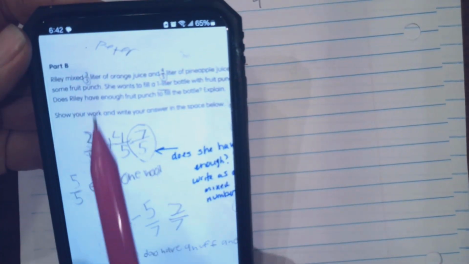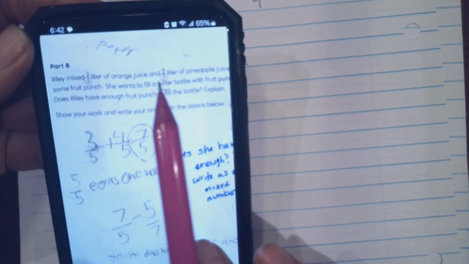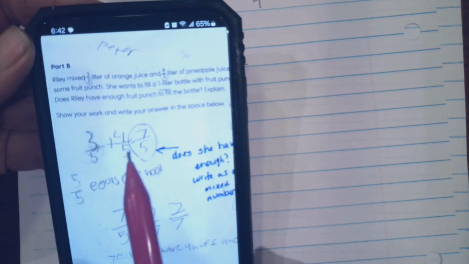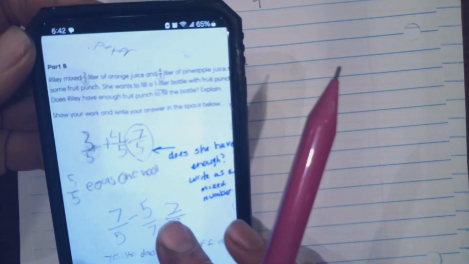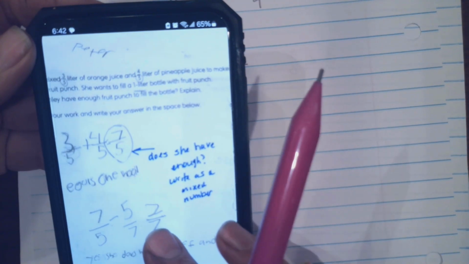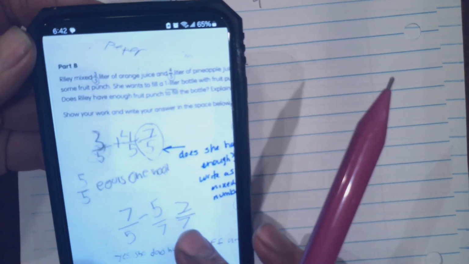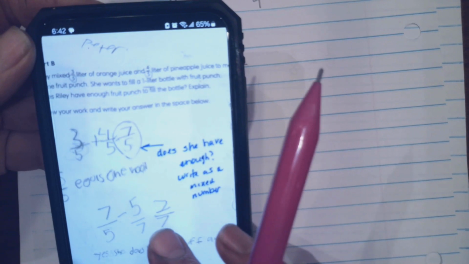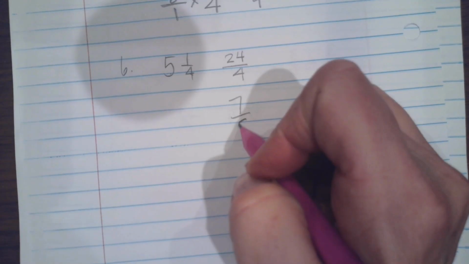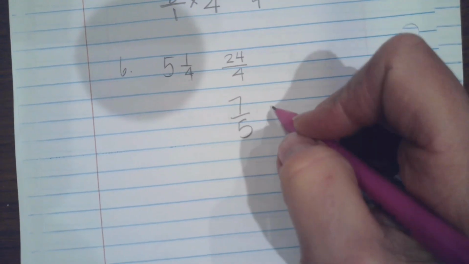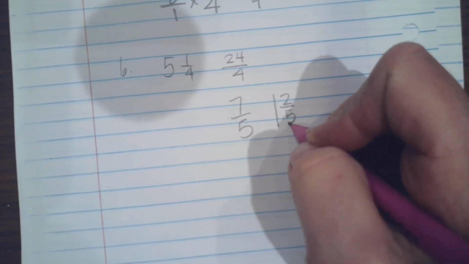So Riley mixed 3/5 of orange juice and 4/5, okay, to make a fruit punch. She wants to fill a 1-liter bottle with fruit punch. Does she have enough? So what she wanted you to do was say 7/5, which if we turn that into a mixed number is 1 2/5.